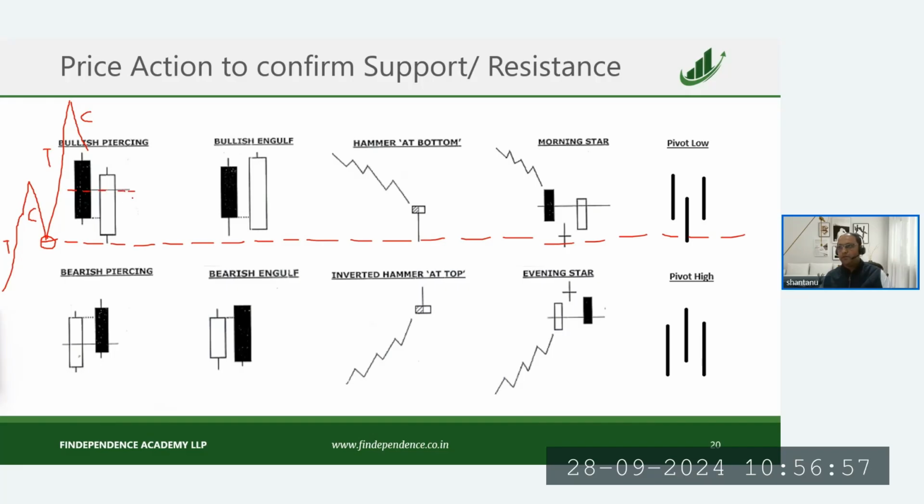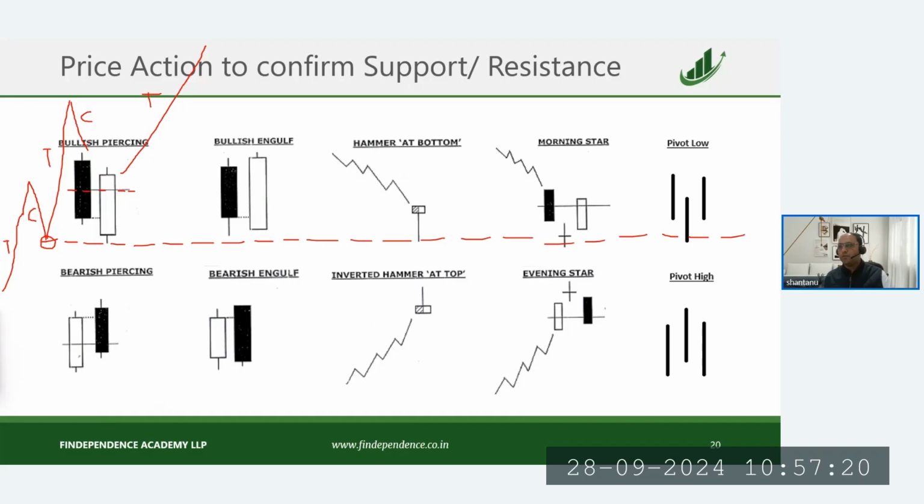Now if you see this kind of pattern formation in the area of support, then you will say that support has been confirmed. Now you expect the next trending move to start from this point.